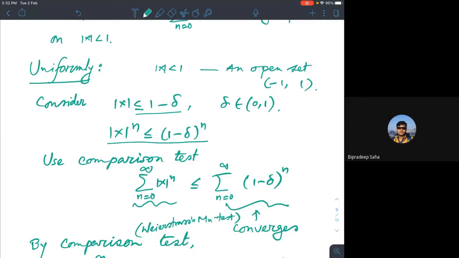That is possible because 1 minus delta is strictly less than 1. Otherwise it will be less than or equal to 1, and there you cannot do any comparison. Right? Yes, sir. Got it, sir. Okay. So here this compact thing is used.